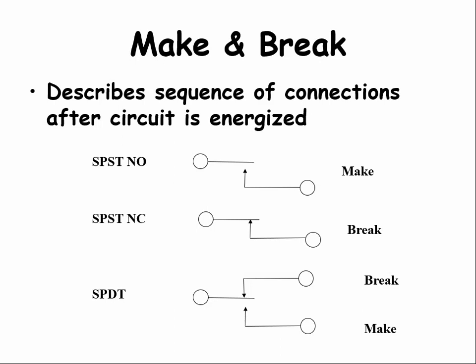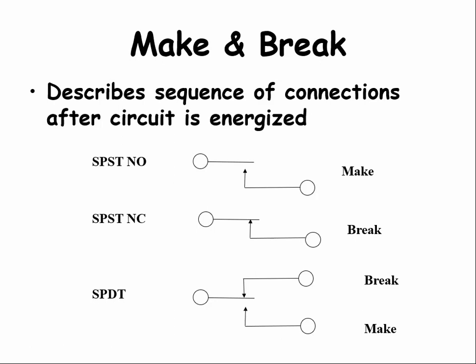When the relay is energized, the relay will close or make the circuit. The middle little sketch shows a single pole, single throw, normally closed circuit. The normally closed characteristic means that when the relay is de-energized, the circuit is closed. When the relay is energized, the relay will open or break the circuit.